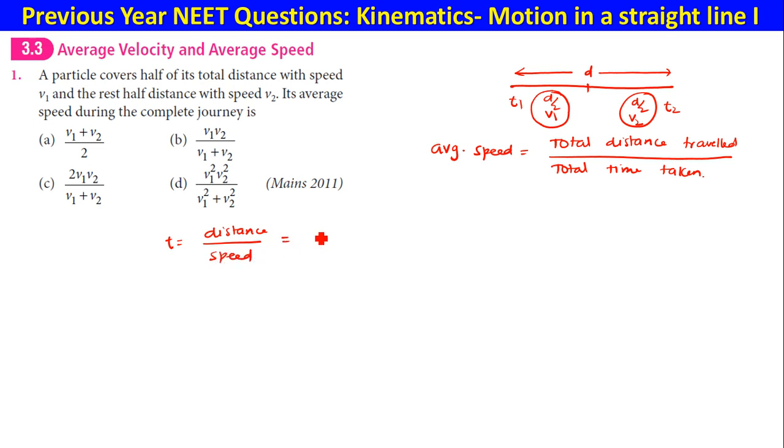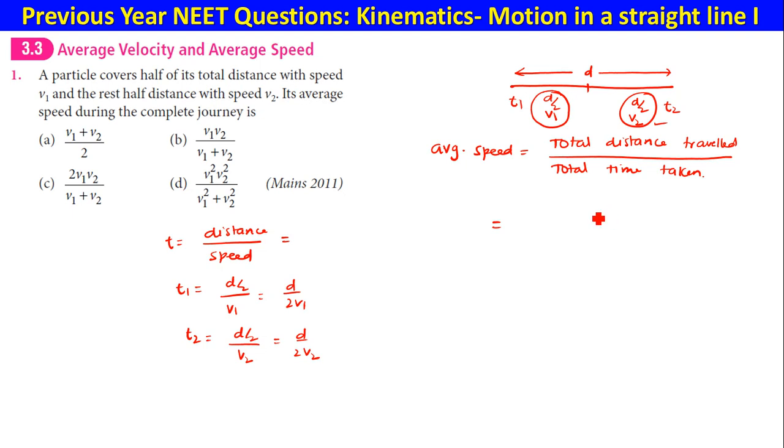For the first half, the distance is d by 2 and the speed is v1, so t1 is d by 2v1. Yes, t2 is d by 2 divided by the speed v2, as given here, so t2 is d by 2v2.